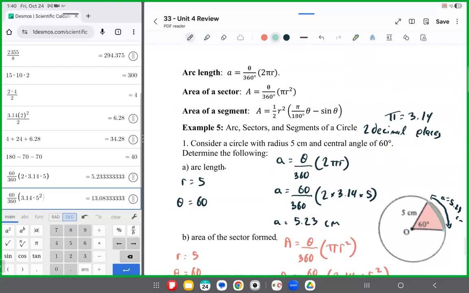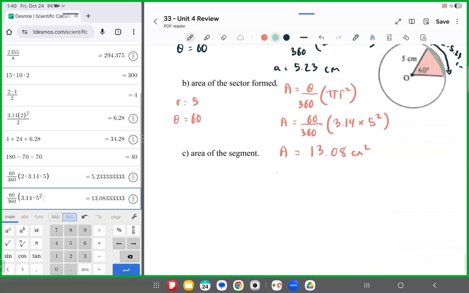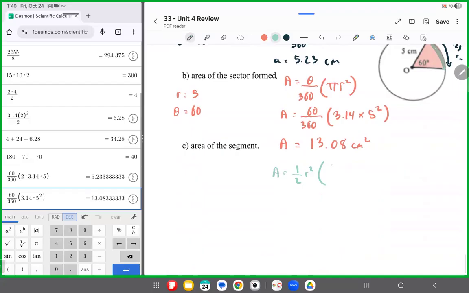So the formula for an area of a segment is listed above. Namely, A is equal to 1/2 r squared, outside of the brackets, pi divided by 180 times theta minus sine of theta. And again, we make the stipulations that r is equal to 5, theta is equal to 60, and pi is 3.14.